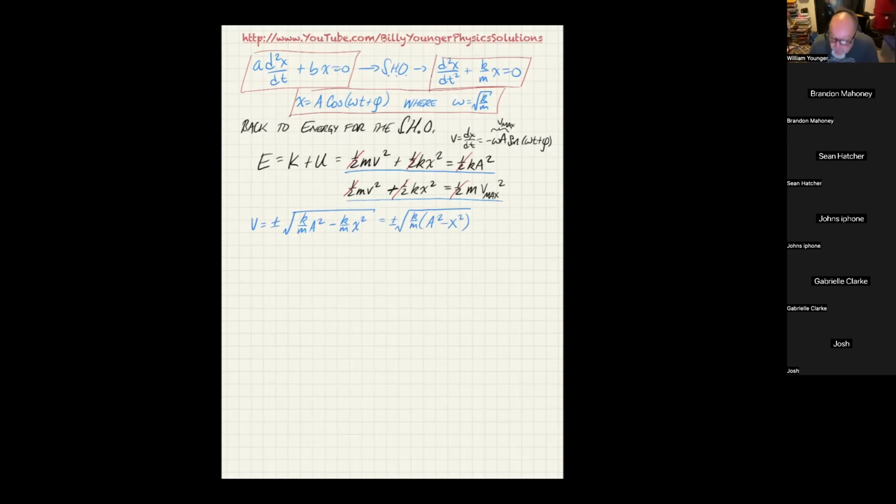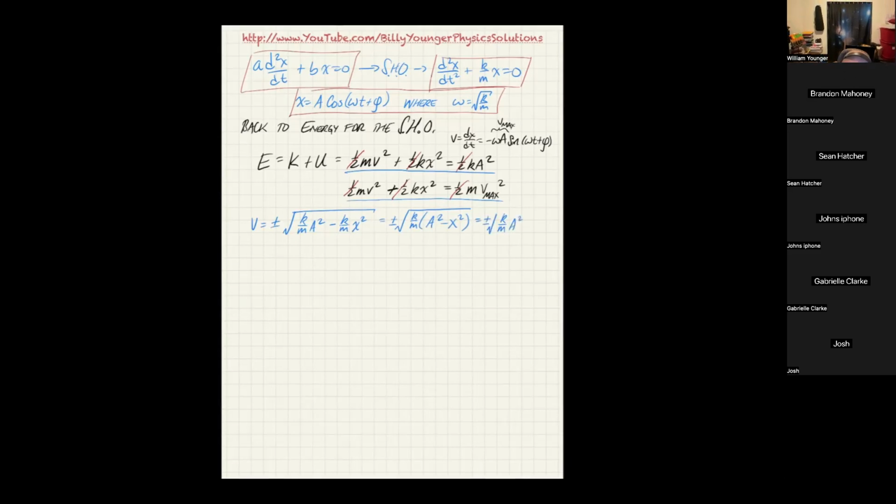So if you had a position x, you could plug that in, and knowing a, you could find out what the velocity is at any point later. You could also go a little further and say plus or minus the square root k over m times, let's say, a squared.